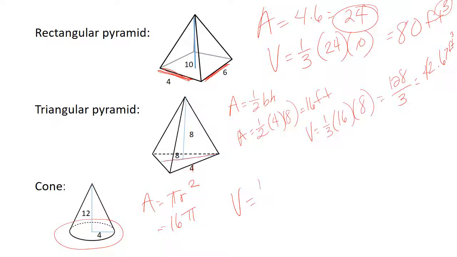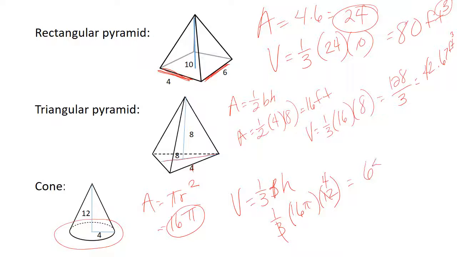So the volume is 1/3 of your base times your height. The area of our base is 16 pi, so I'm going to do 1/3 times 16 pi times 12. Now my 3 and my 12, I'm going to go ahead and reduce those down to a 4, and I can do my 16 times 4, which is 64.